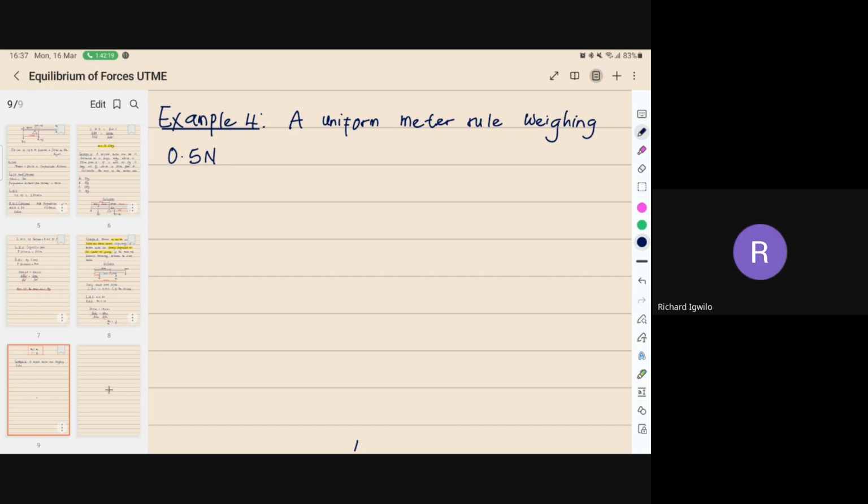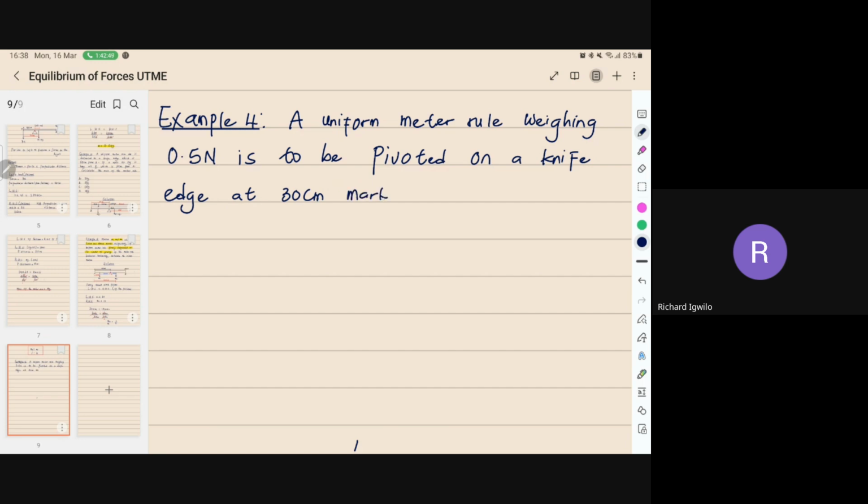So a uniform meter rule, weighing 0.5 Newton, is to be pivoted on a knife edge. The knife edge is at the 30 centimeter mark.